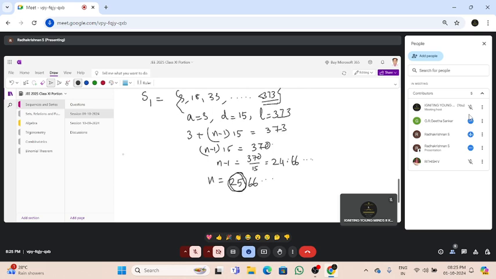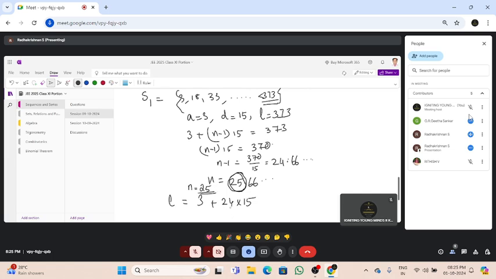If you take that as n, then what will be the last term? Now calculate L equal to A plus n minus 1 into D, with n equal to 25.